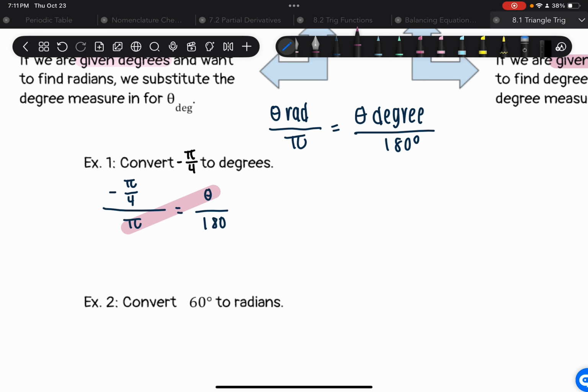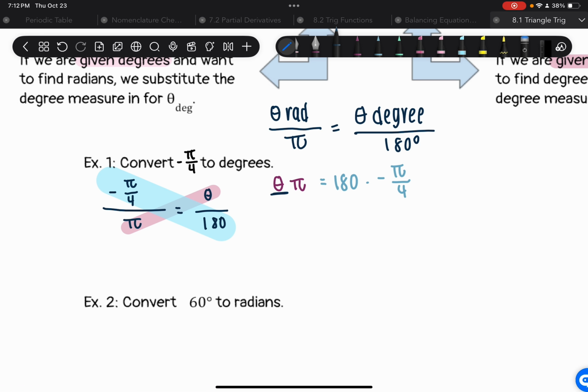So I have theta pi equals that multiplied together, so equals 180 times negative pi over 4. Okay, and then from here I would solve for theta, which would give me my answer in degrees.